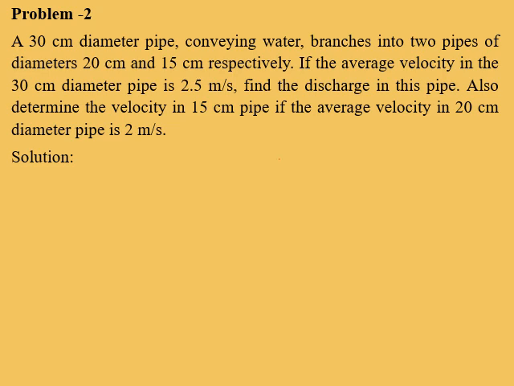There is one pipe, and this is section 1 or A. This is the pipe of 30 centimeter diameter. This pipe is conveying water. Then this pipe branches into two pipes, like that. The two pipes are of different diameters. The diameter of this pipe is 20 centimeter and this pipe is 15 centimeter.